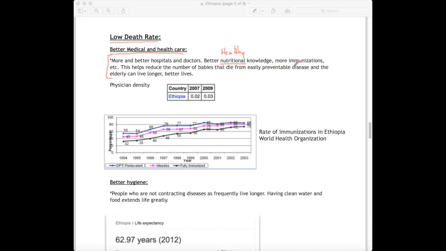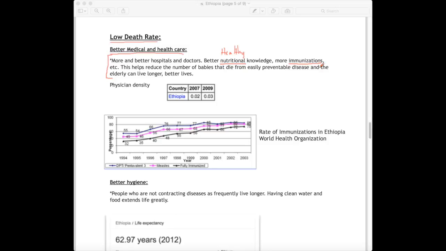More immunizations or vaccinations to help fight off diseases like the flu virus, to keep people alive. But all of this helps reduce the number of babies that die in a population and prevents diseases that might cause elderly or older people to die earlier, to live longer, better lives, more fruitful lives.